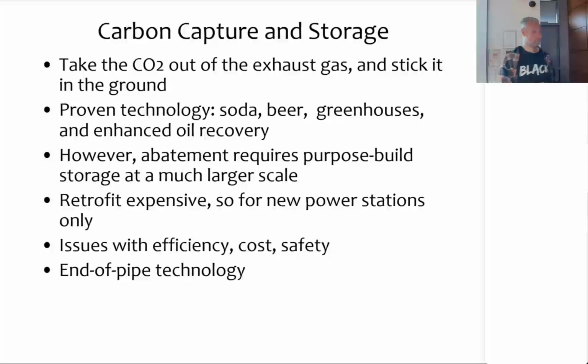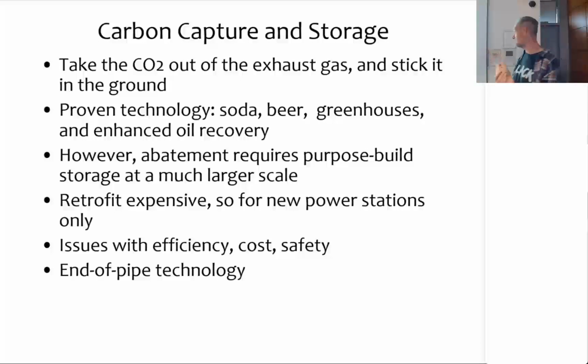Another option is to take the CO2 out of the flue gas. So you have a coal-fired power plant, a pipe coming out with lots of CO2, and what you can do is take that pipe and remove the CO2 and stick it somewhere. Now this is a proven technology. We know how to separate CO2 from a flue gas.